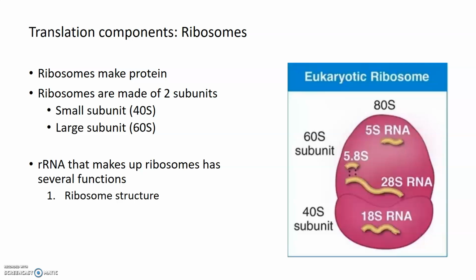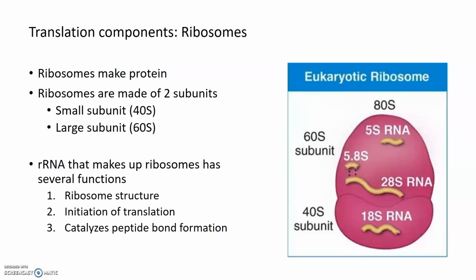First of all, it makes up the structure of the ribosomes themselves, but there are also different types of RNA that are involved in initiating translation or protein synthesis, as well as catalyzing the formation of the peptide bonds, or the bonds that form between the amino acids to create a polypeptide. So ribosomes are, for all intents and purposes, the enzymes that complete translation.